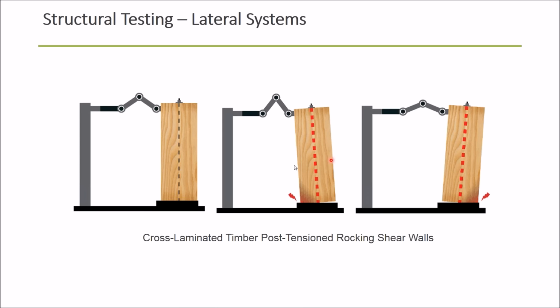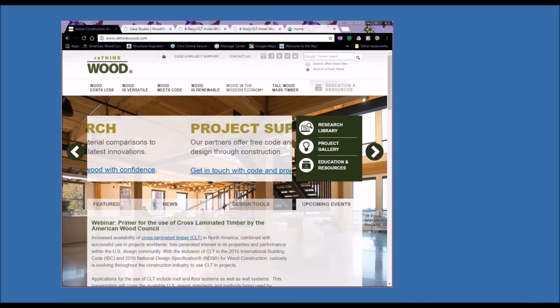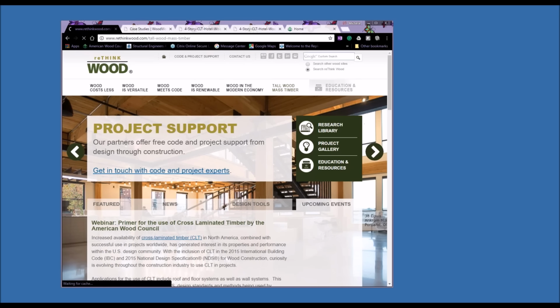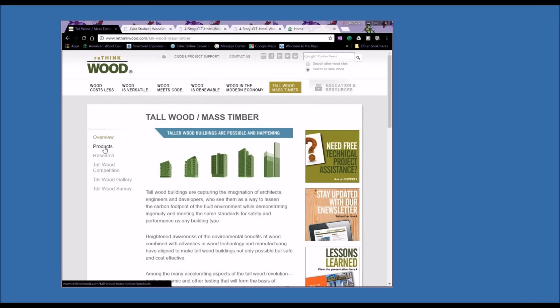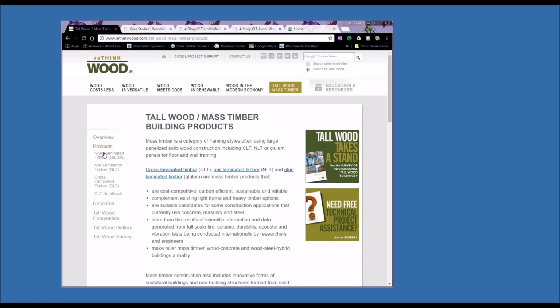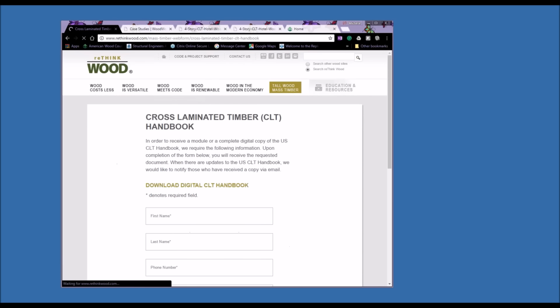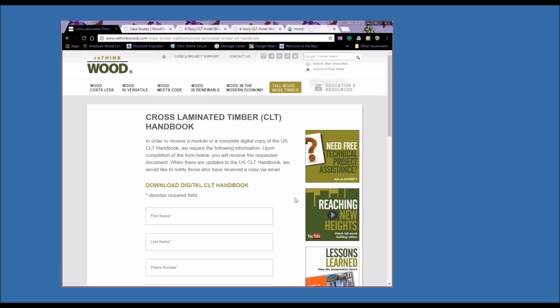If you go to rethinkwood.com, not .org, and go to Tallwood, you can get the CLT handbook here. And it's free. You've got to fill out all this information.